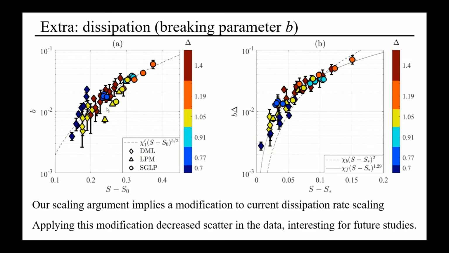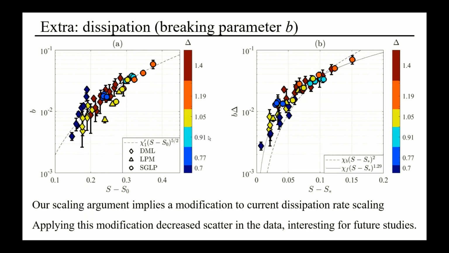So this is evidence also that the bandwidth might play a role in determining the breaking dissipation. And like I said, our argument for the length scale of the width of the breaking region implies some modifications for the breaking parameter B scaling. And included in that modification is an inverse dependence on the bandwidth.